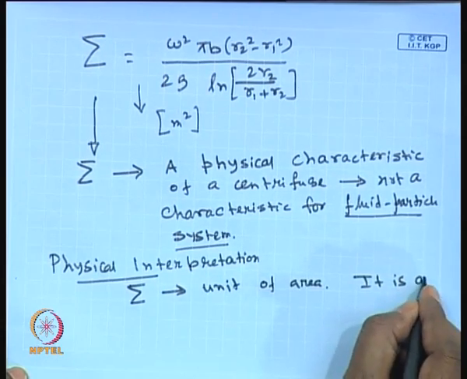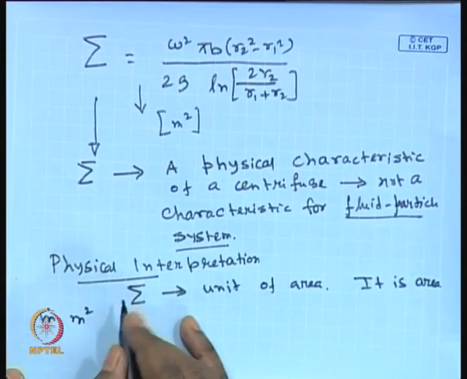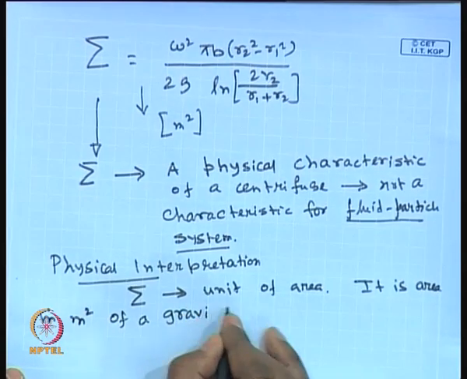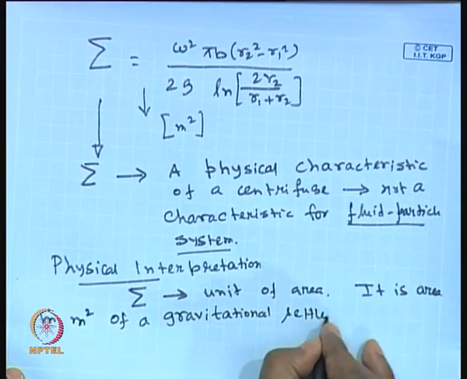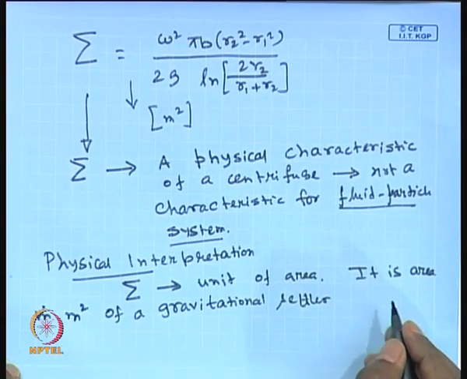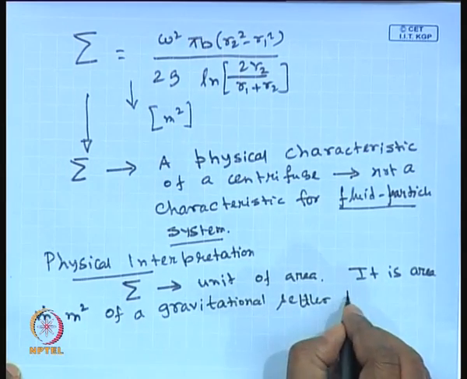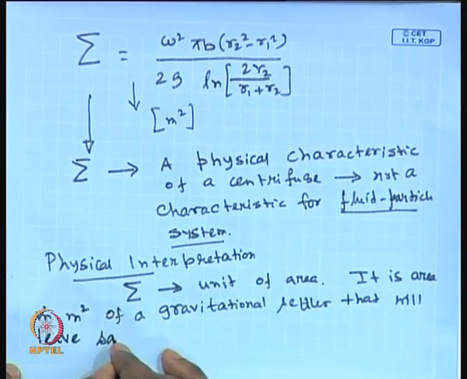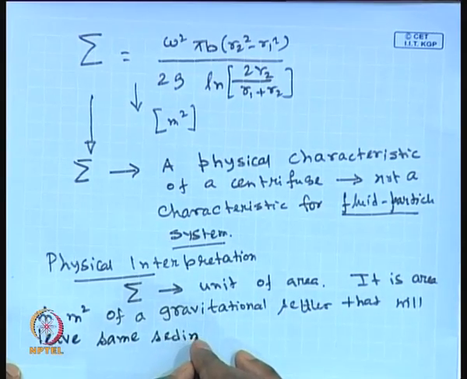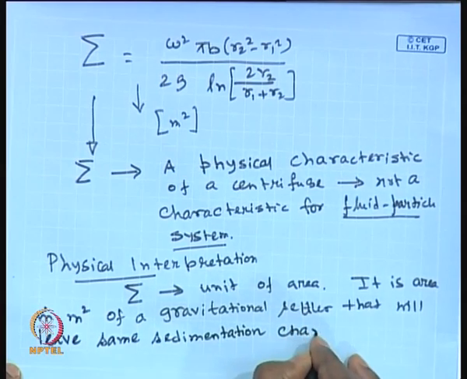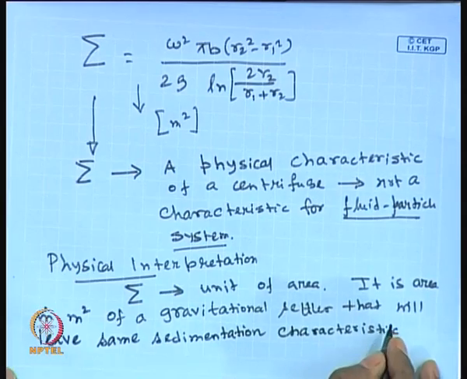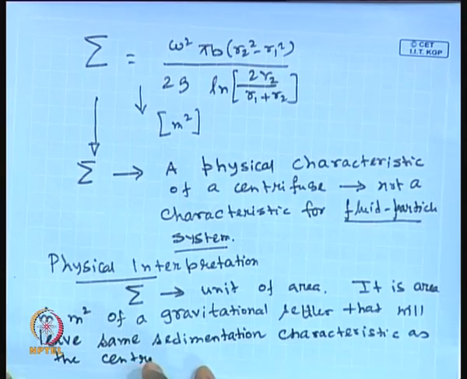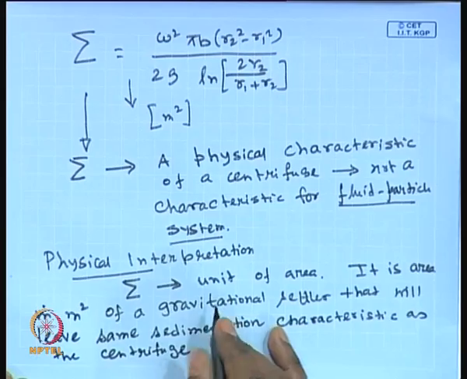It means it is the area in meter square of a gravitational settler that will have the same sedimentation characteristic as the centrifuge at the same feed rate.